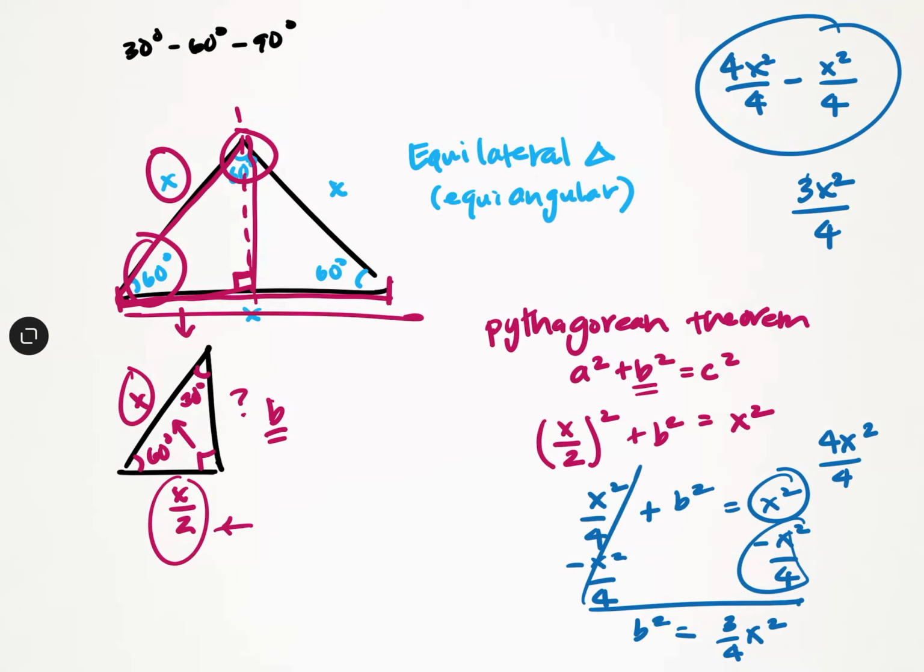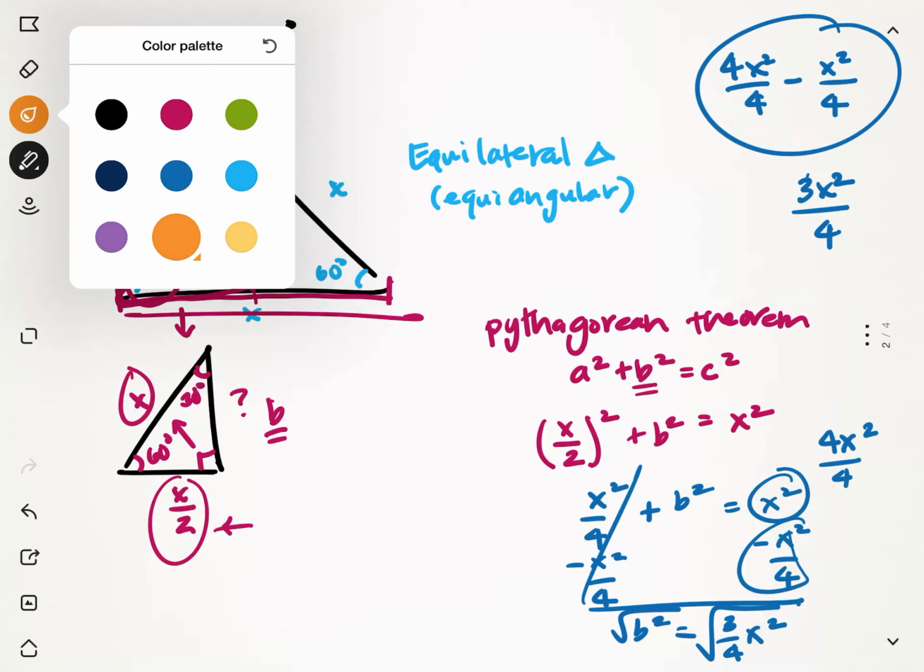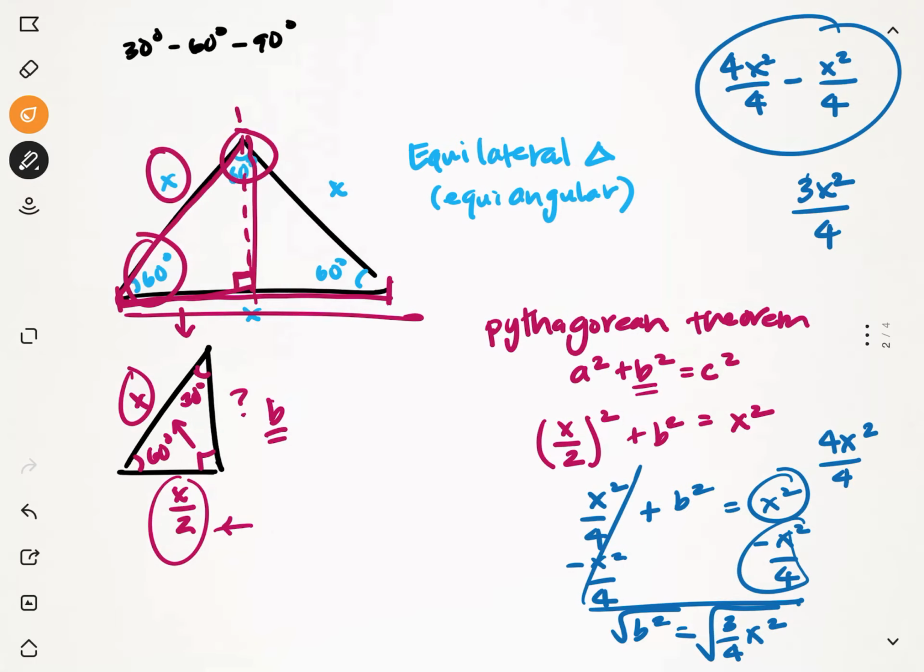And in order to find our b, all we have to do is square root. So let's change our colors here. Now when we square root 3, 3 doesn't have a square root, so that's going to stay in the square root. 4 is a perfect square. Square root of 4 is 2.